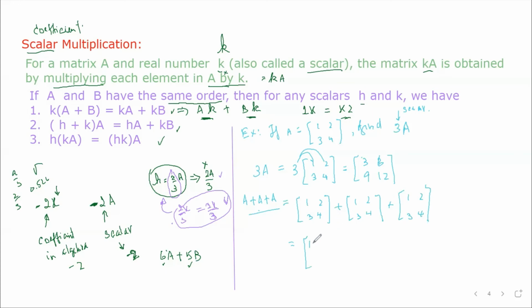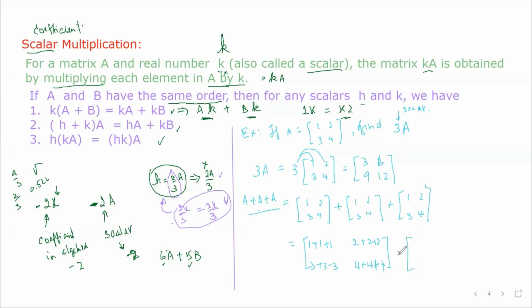Or you write step by step: 1 plus 1 plus another 1, then 2 plus 2 plus 2, then 3 plus 3 plus 3, and 4 plus 4 plus 4 in the same position.